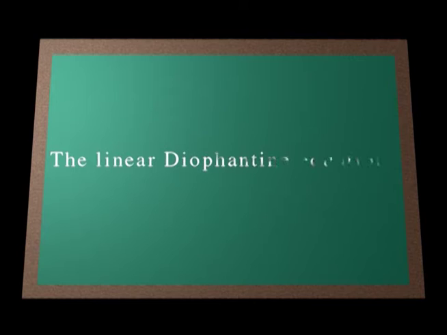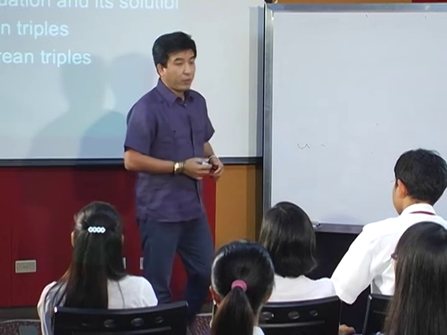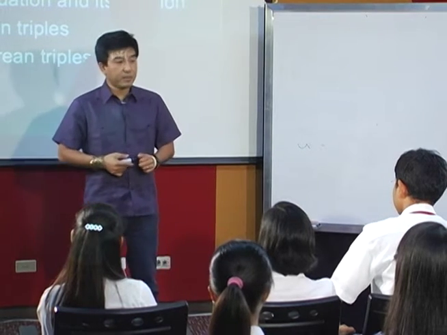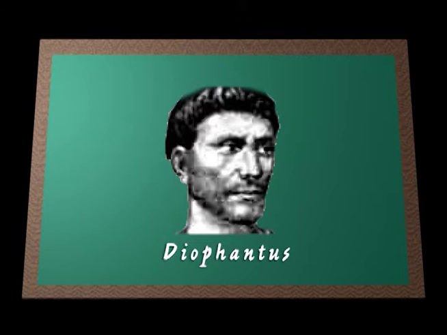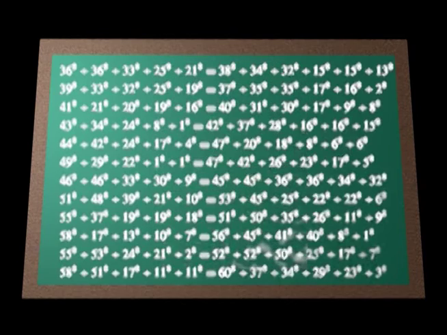Okay? Now, I want to talk about linear Diophantine equations. And in fact, again, I want to begin by talking about Diophantine equations. The term Diophantine equation comes from the name Diophantus. He was a Greek mathematician who lived around 200 AD. He was really interested in looking at the integer solutions of equations.